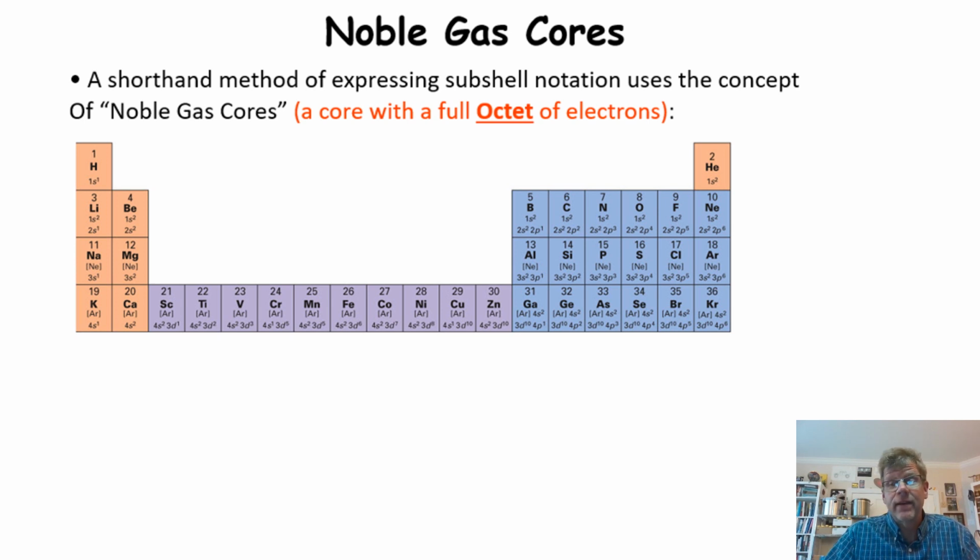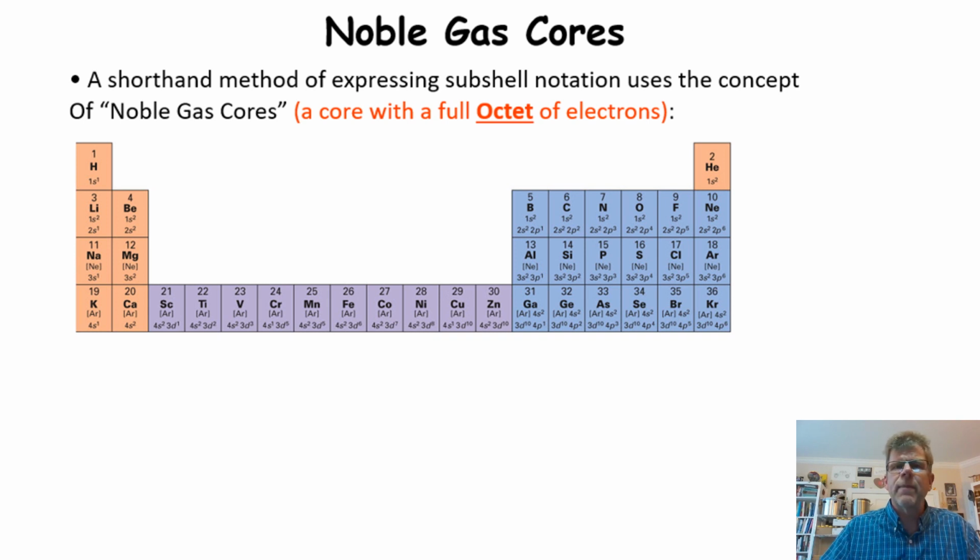Okay, finally, last slide of this lecture. I know this has been a long one. I want to introduce a shorthand way of expressing the electron configuration. Remember, 1s2, 2s2, 2p6, and so on. It's a shorthand method, meaning it's abbreviatory. We don't always have to draw out these very, very long electron configurations, but we can abbreviate them somewhat.